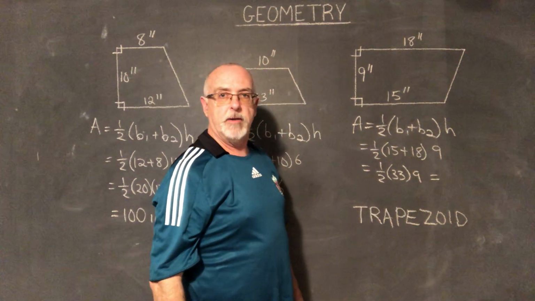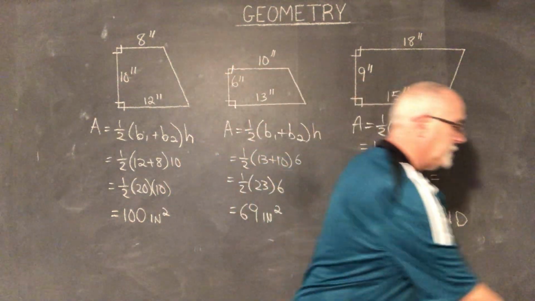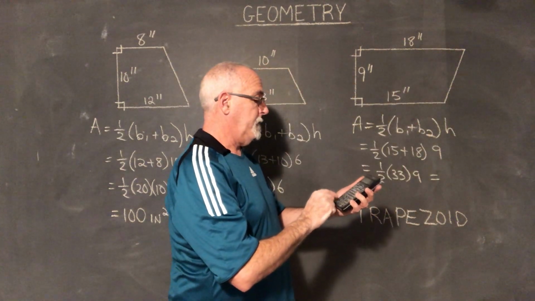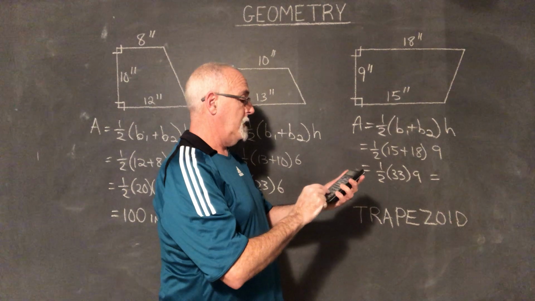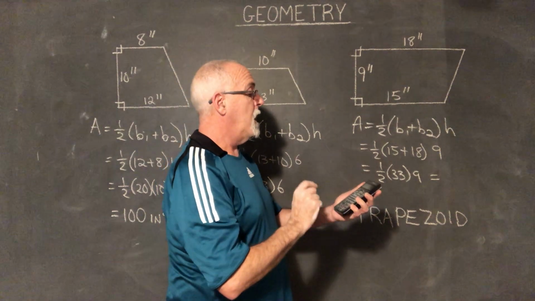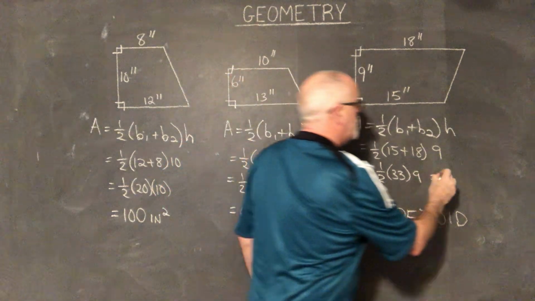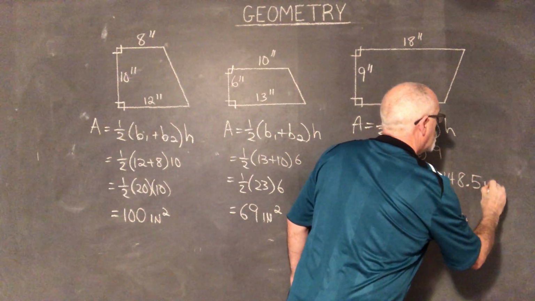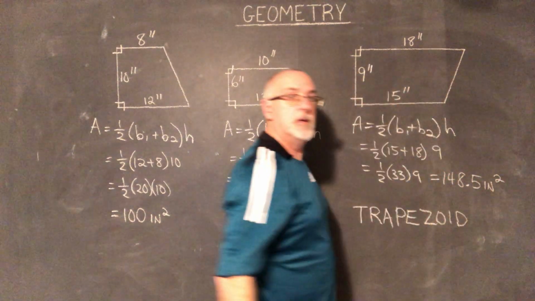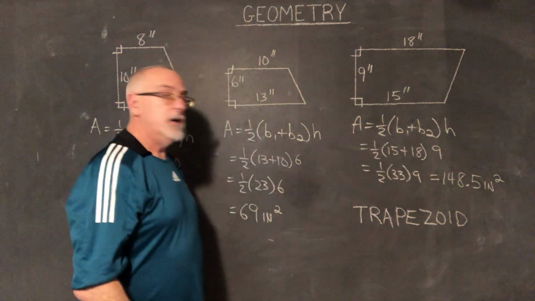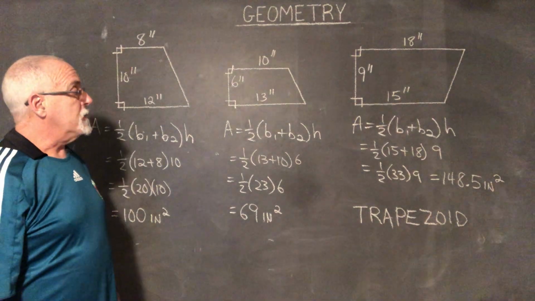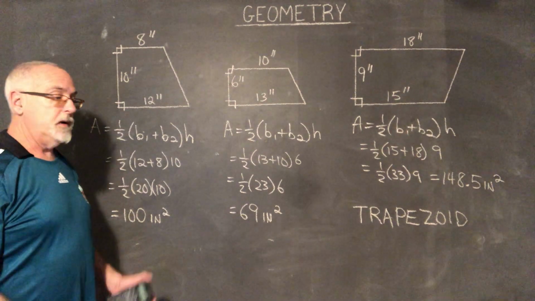Half of 33 would give a decimal, and half of 9 would also put a decimal, and that makes me want to grab my calculator. 1/2 times 33 times 9, 148.5 square inches. Did that fit? Yes, it did. That's a good rectangle we've got going in this video right now. It's fitting a lot of examples quite well.